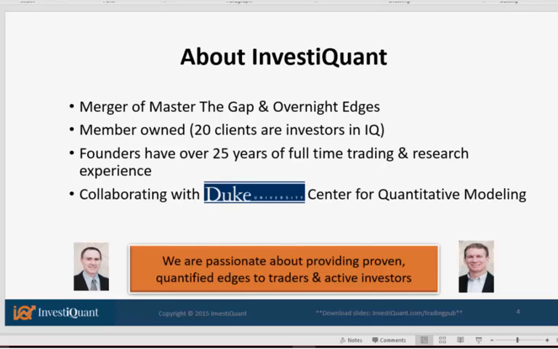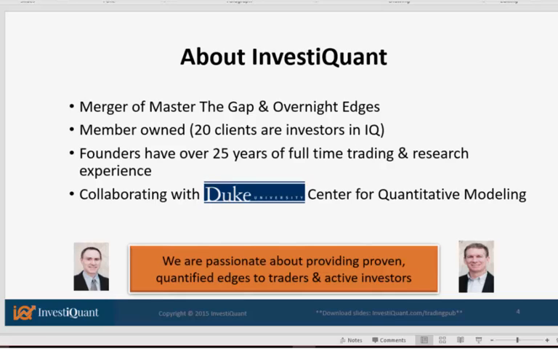And it took us a few years to figure it all out, but we ended up actually raising money from clients of Master the Gap and of Overnight Edges who really wanted to see us get together and expand what was offered there. And so we took some seed capital, and InvestiQuant was born. We're real excited about the new site, and our swing trading service has been live since September. And I'll explain a lot more about that to you as well.